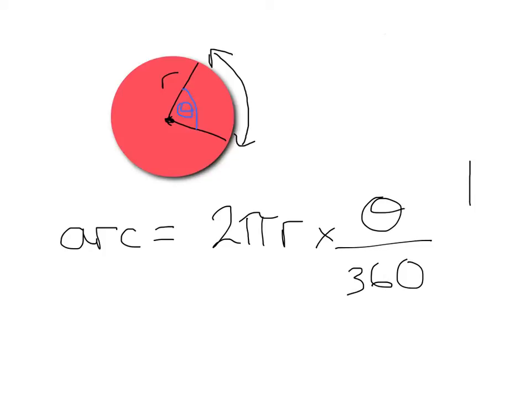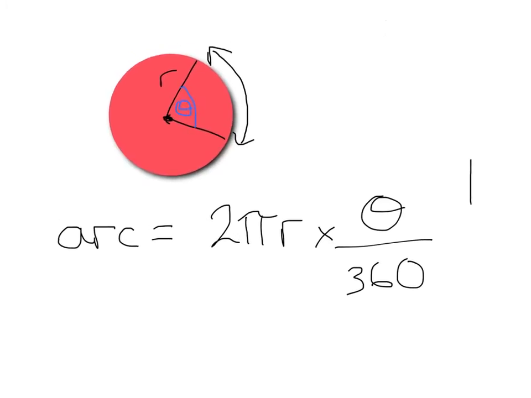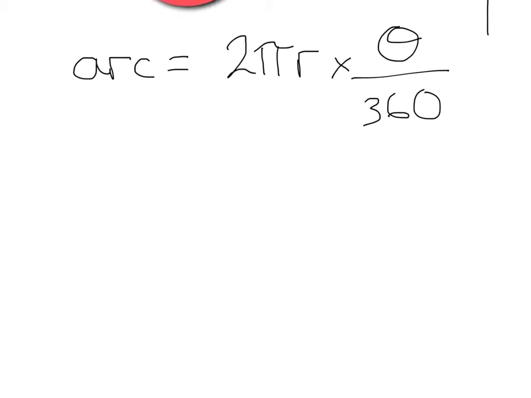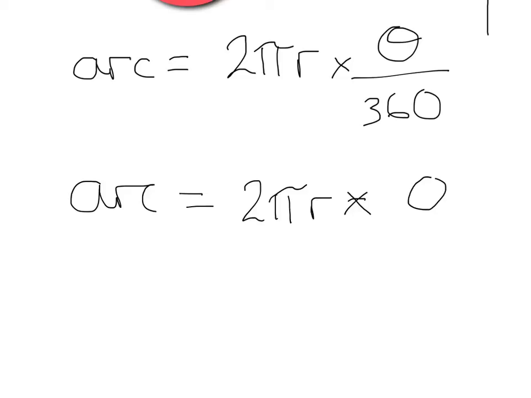Now, if we do the same thing in radians, my arc is here. Again, it's still 2 pi r times that angle theta, but now it's out of 2 pi.